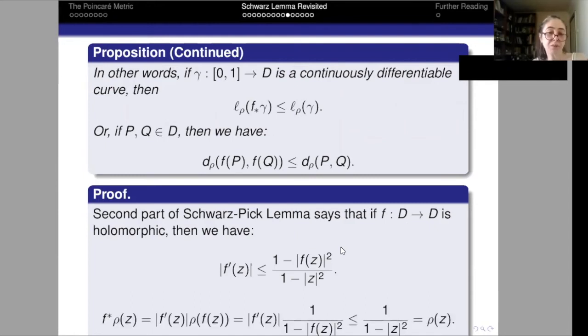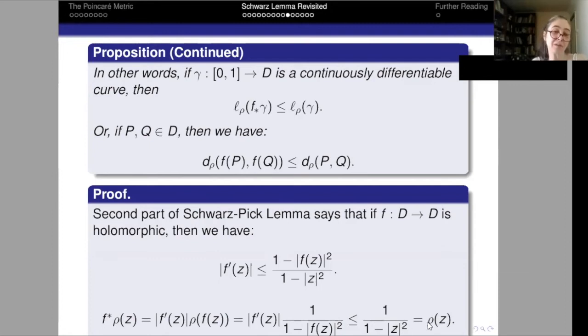Now, f star rho at z is equal to the absolute value of f prime z times rho at f(z), and if you write this neatly, this is equal to the absolute value of f prime z over 1 minus absolute value of f(z) squared, and this is less than or equal to 1 over 1 minus z squared.